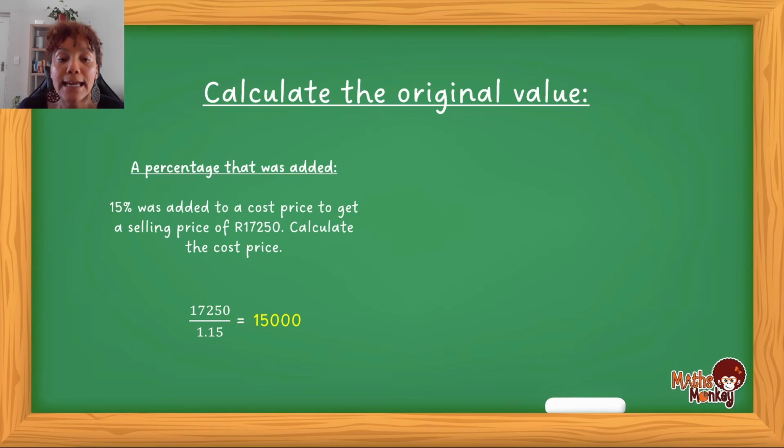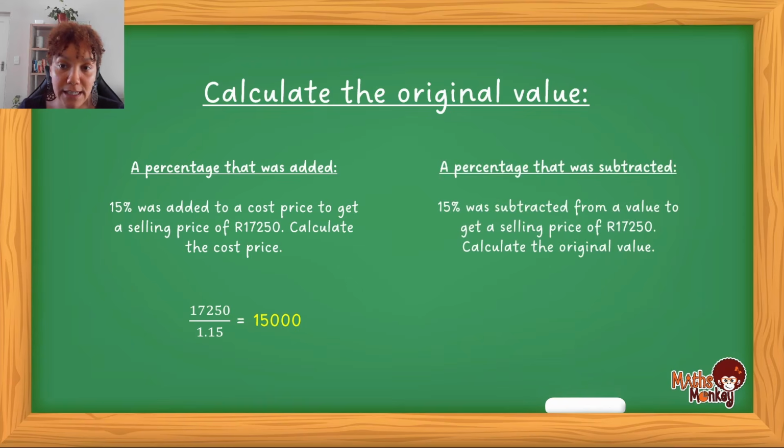Okay, now let's have a look at when a percentage has been subtracted. 15% was subtracted from a value to get a selling price of 17,250. Calculate the original value. Now, my original value represents 100%, so it represents the 1.